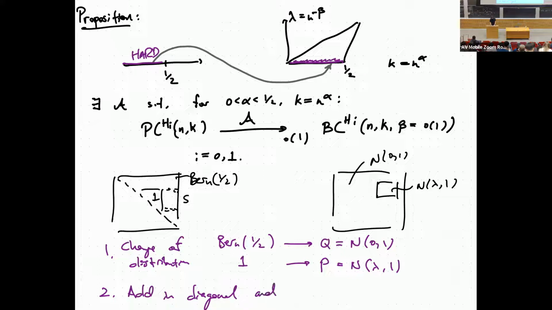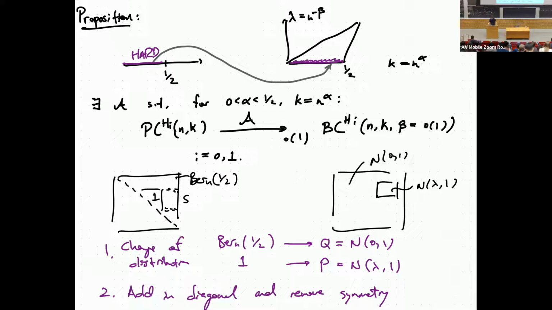And also, we only have independent entries in the upper triangle because that's an undirected graph, right? And so we need to remove the symmetry. We somehow need to arrive at a matrix that has all independent Gaussians. It's not a symmetric matrix.